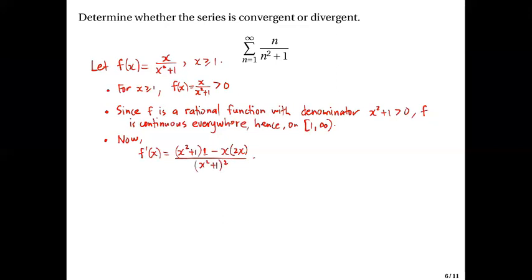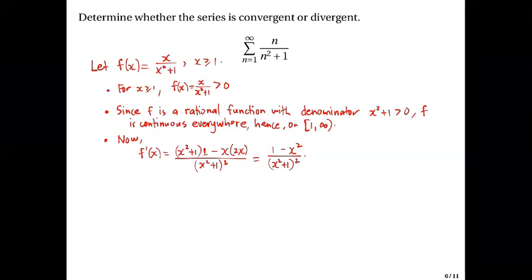Then we simplify the numerator. The numerator is x squared plus 1 minus 2x squared. This is 1 minus x squared, over x squared plus 1 quantity squared.